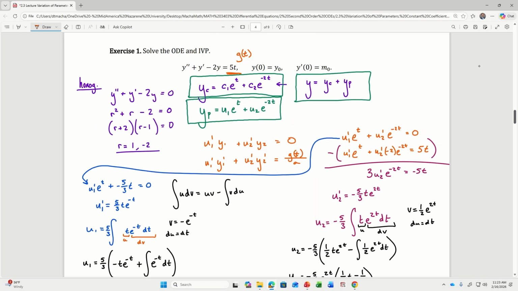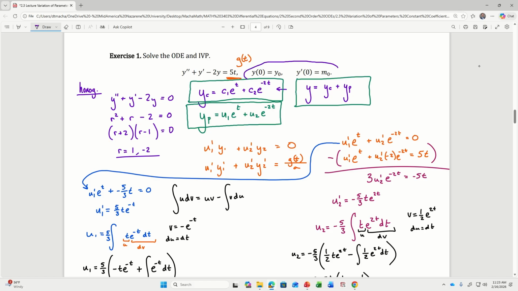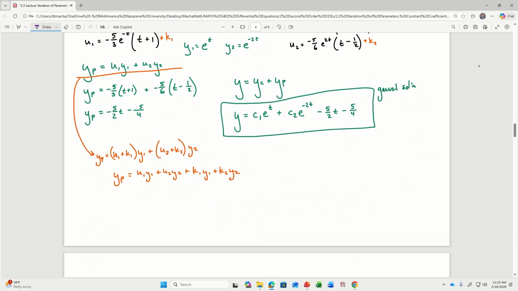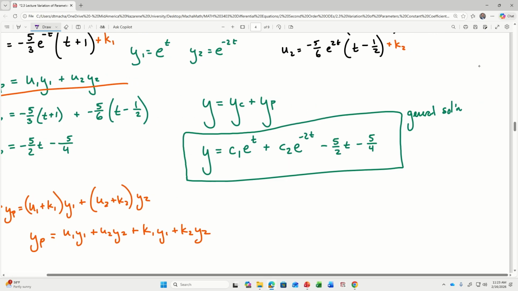And then the IVP, the initial value problem, says we're going to give some initial value for my y variable when t is equal to 0 and some initial value to its derivative when t is equal to 0. So let's talk about how you'd handle that. That part doesn't change very much.